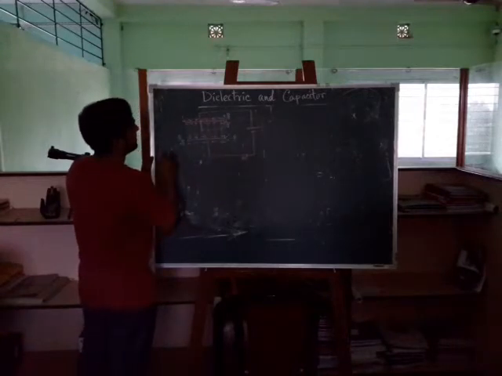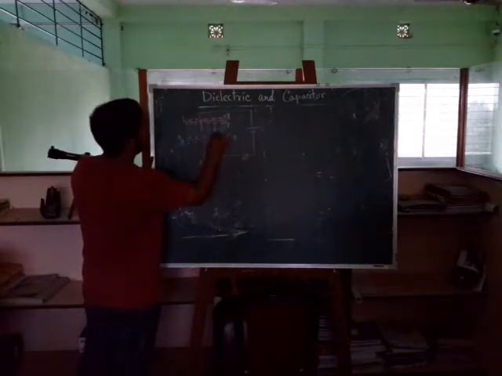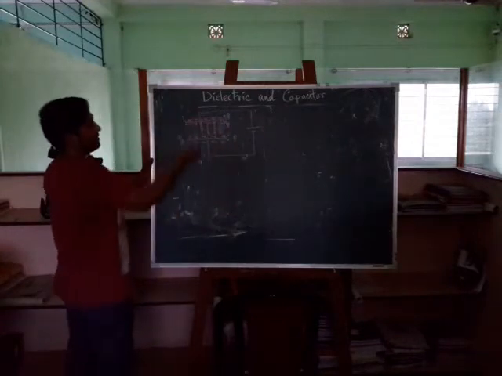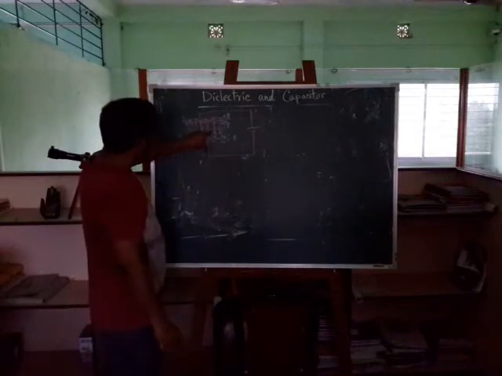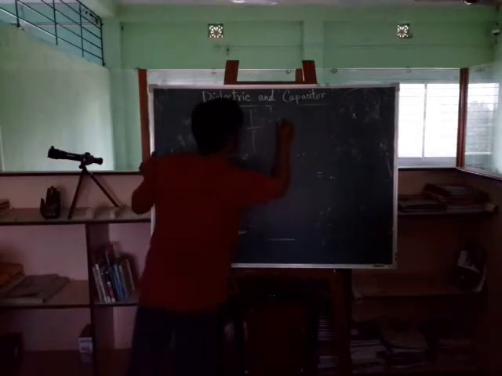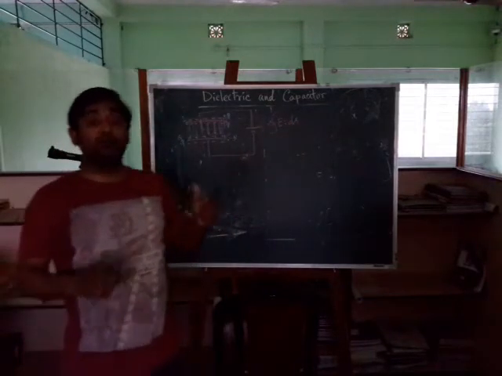Now, electric field lines are coming like that. What is the total flux through this Gaussian surface? That will be E dot ds. This is what we are doing right now.